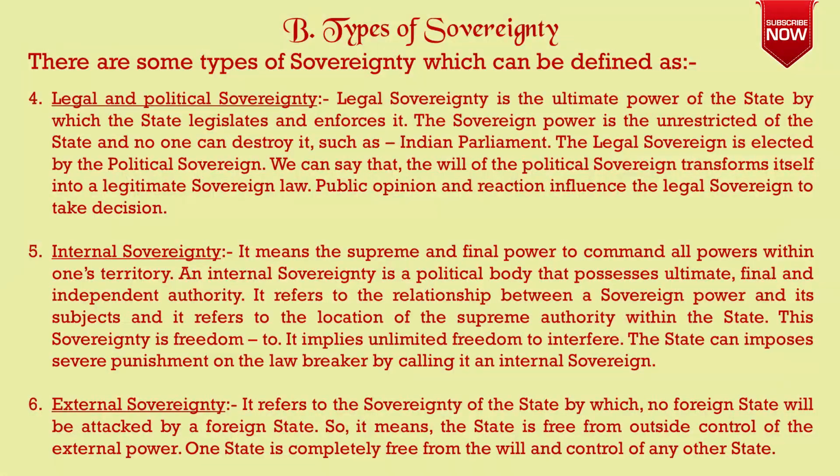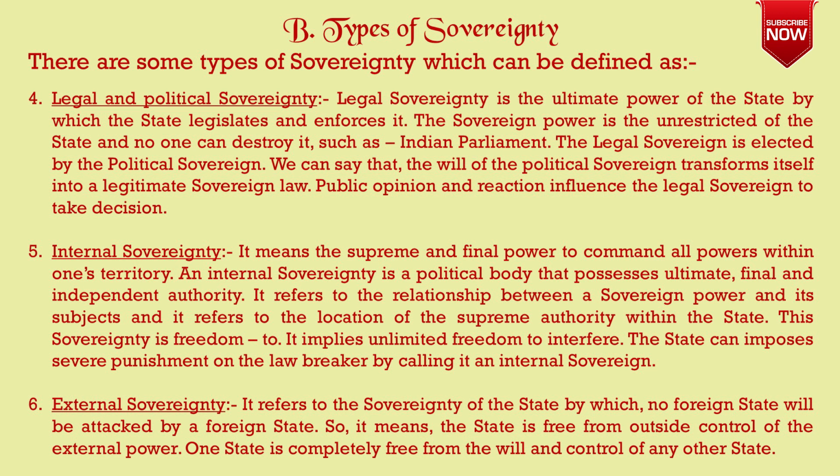The next type of sovereignty is legal and political sovereignty. Legal sovereignty is the ultimate power of the state by which the state legislates and enforces law. This sovereign power is the unrestricted power of the state and no one can destroy it, such as the Indian Parliament.